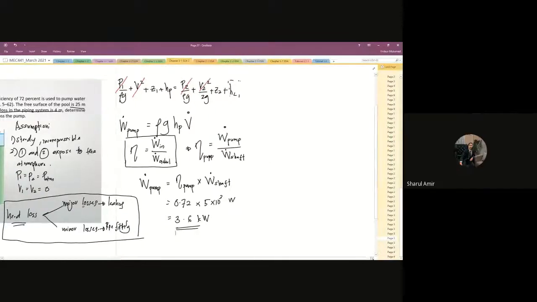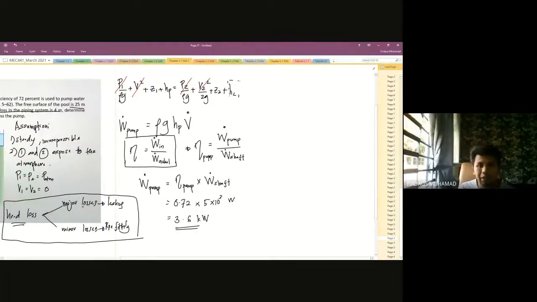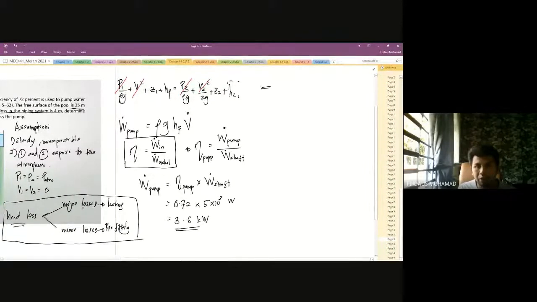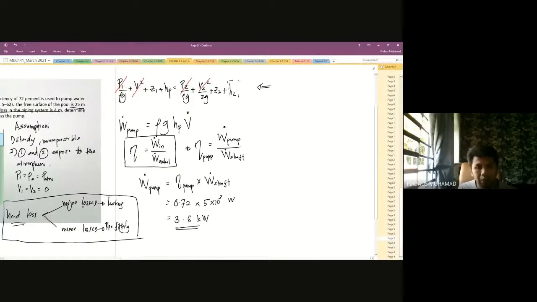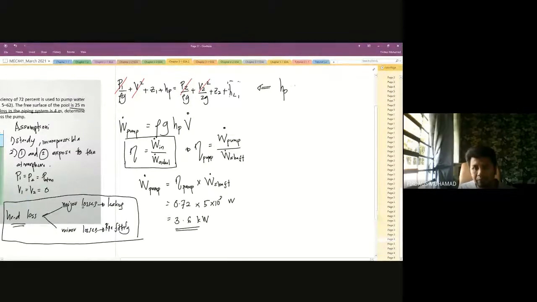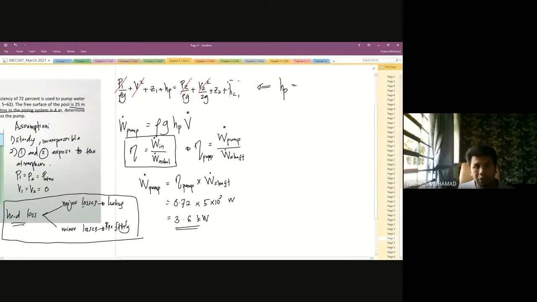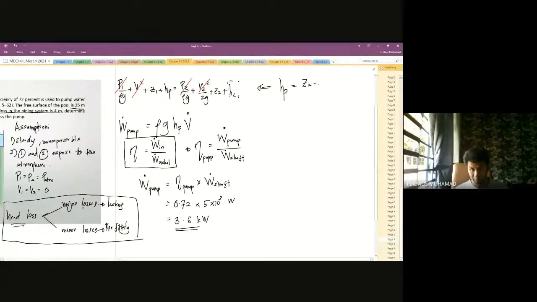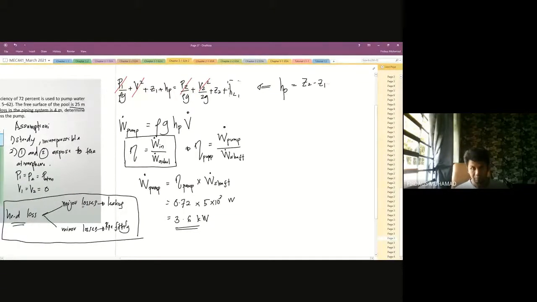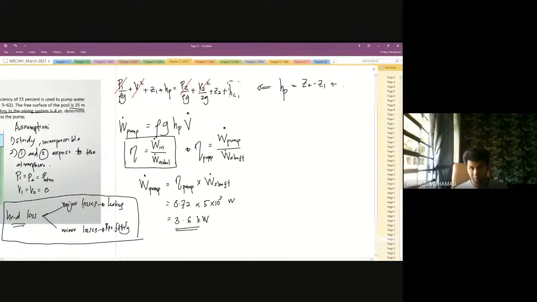Okay, so cari HP daripada equation ni. Sebab kita nak masuk rho G HP. W pump kita dah ada. Kita nak cari V dot. Cari HP. Rearrange equation ni. HP equal to Z2 tolak Z1 tambah heat loss HL.